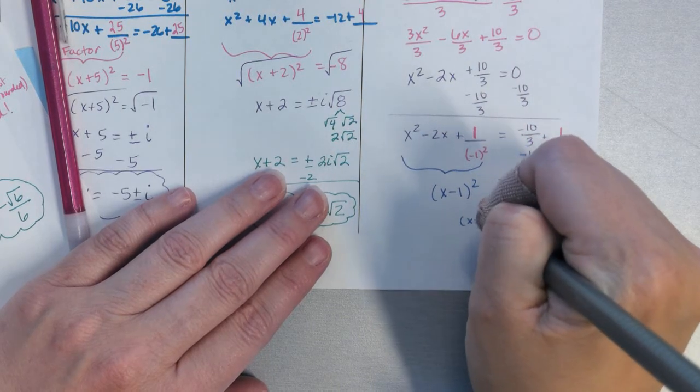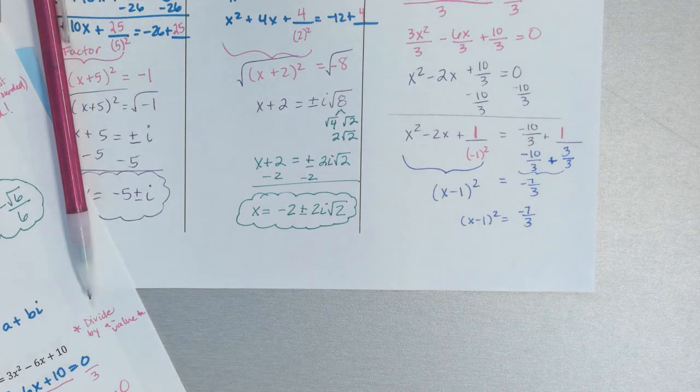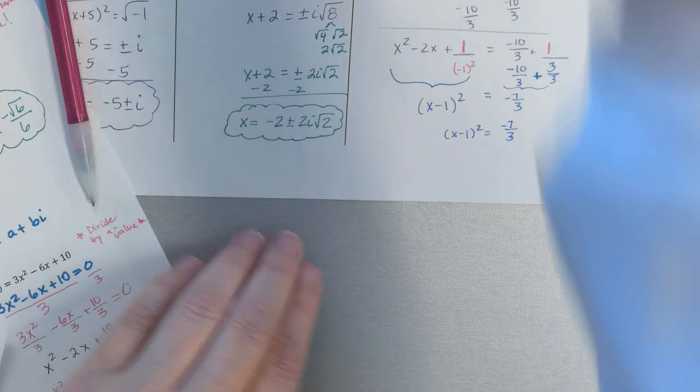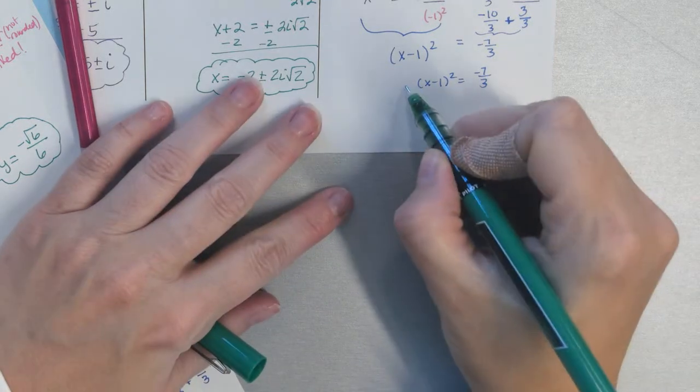I'm going to write this nicer. This is where the real fun starts. Okay, so once you get here, Yetta, what are we going to do at this step? We're going to take the square root, yep.